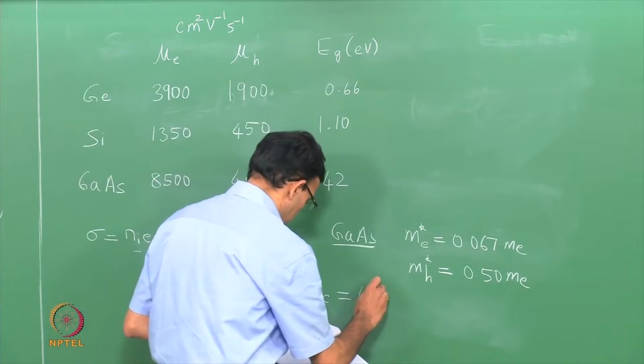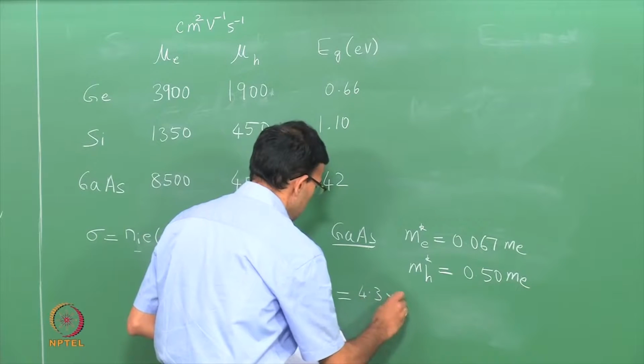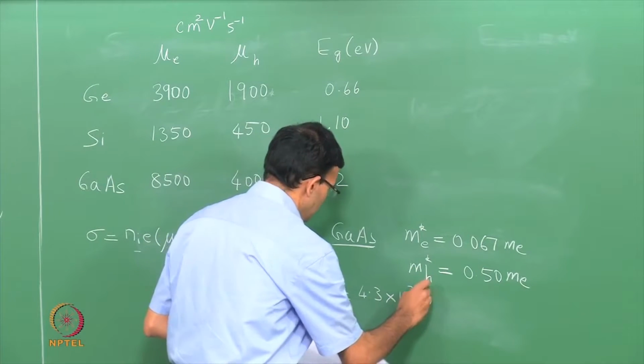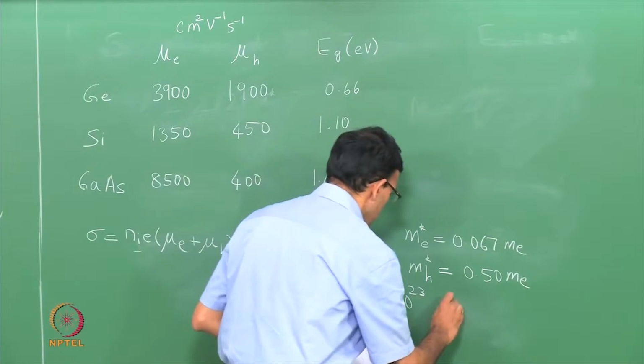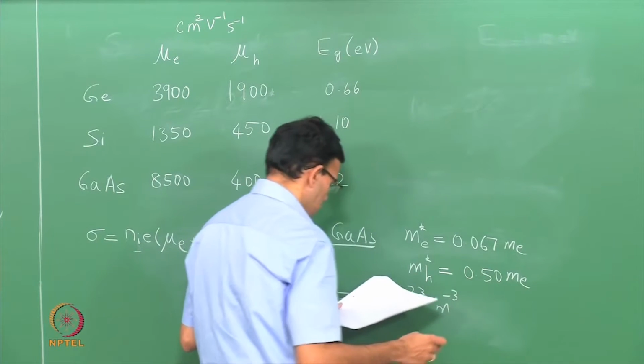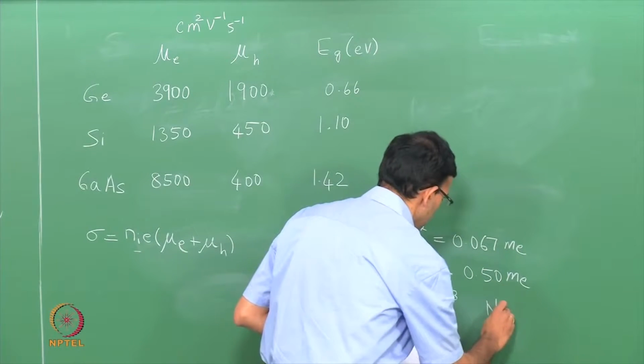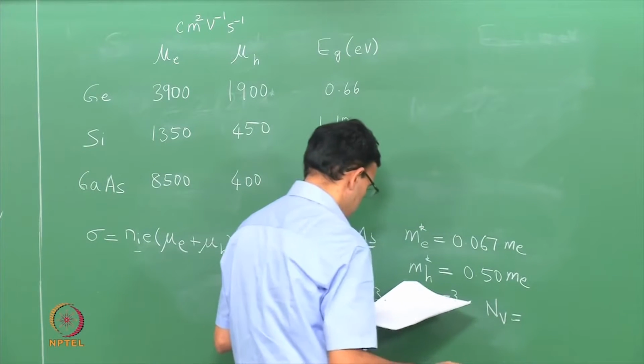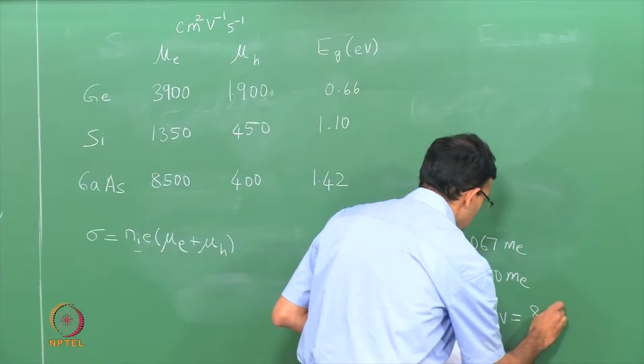Nc is around 4.3 times 10 to the 23 per centimeter cube, Nv is 8.85.